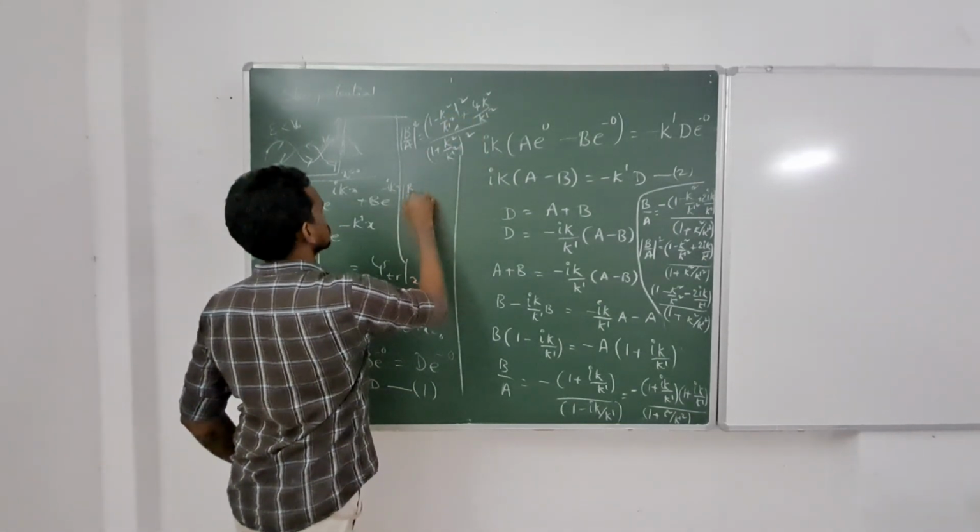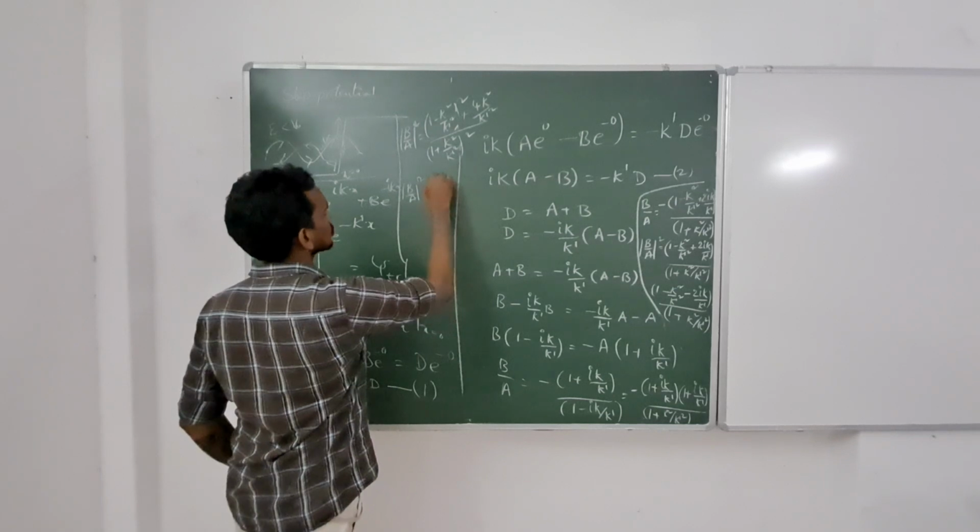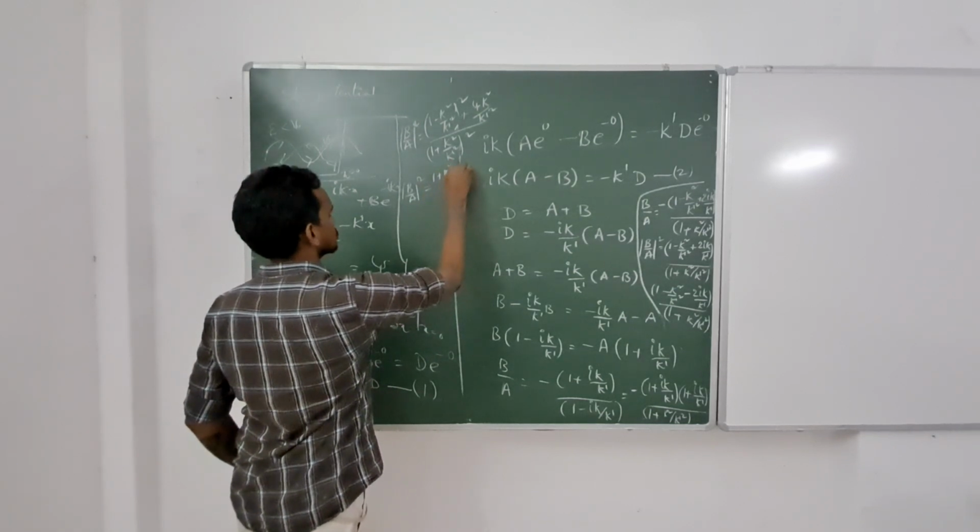So modulus B by A whole square is (k square by k' square) whole square.